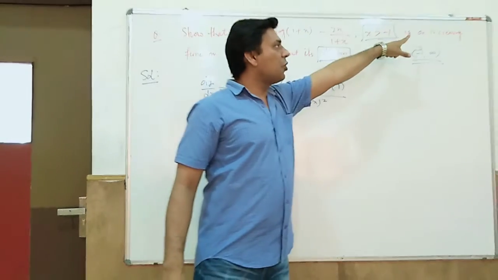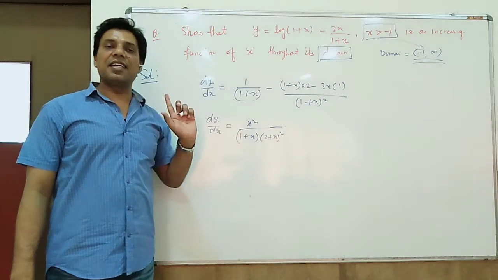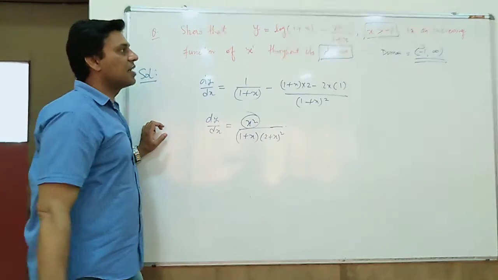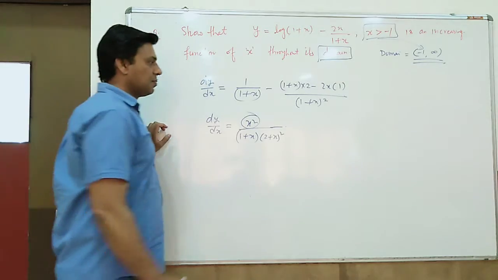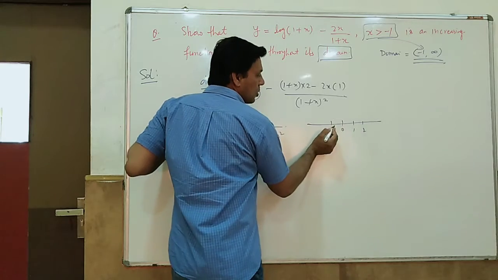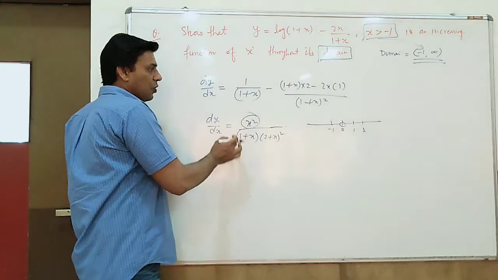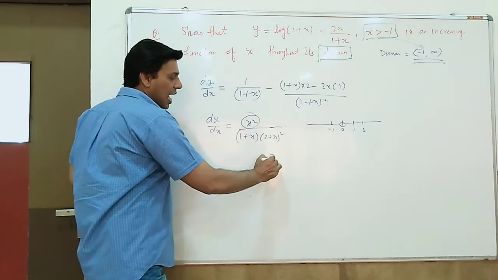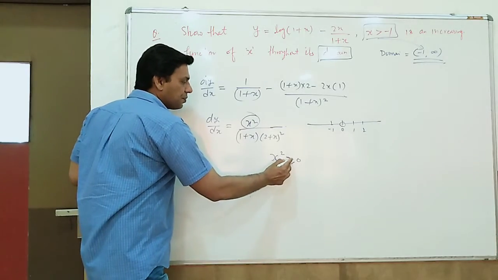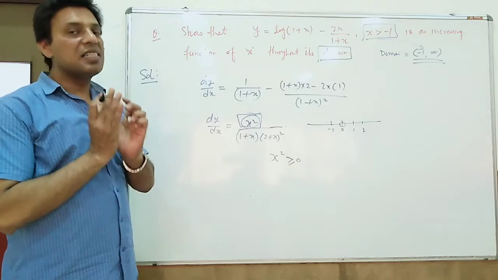Now if I have to show the function is increasing, I have to show that this derivative is greater than 0. How can I prove it? Because x is greater than minus 1, see the number line: minus 1, 0, 1, 2. So x square is positive or maybe 0. So the numerator can be positive or 0.